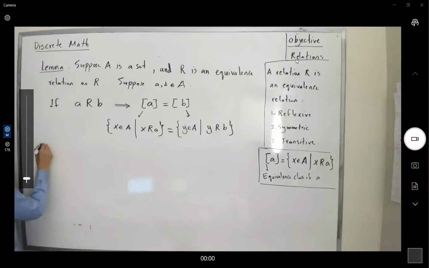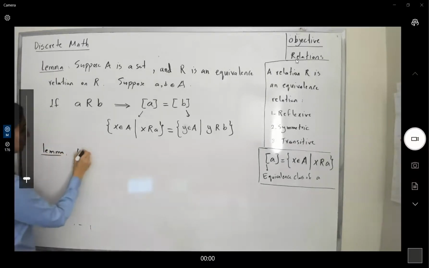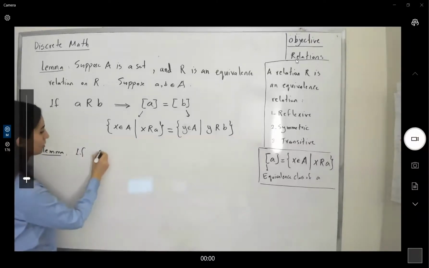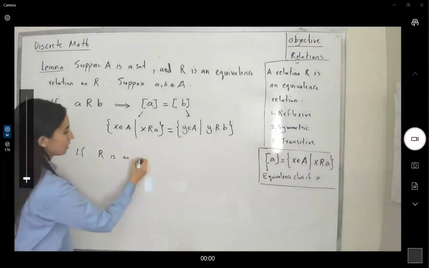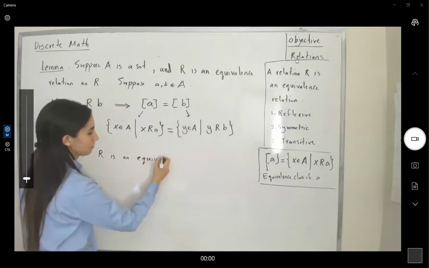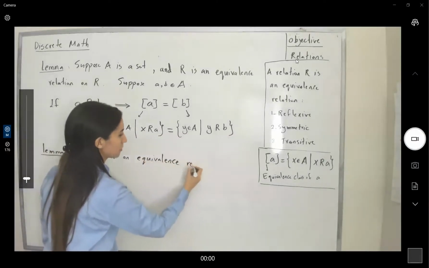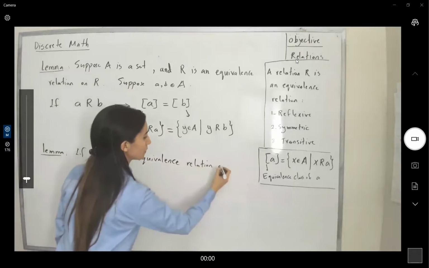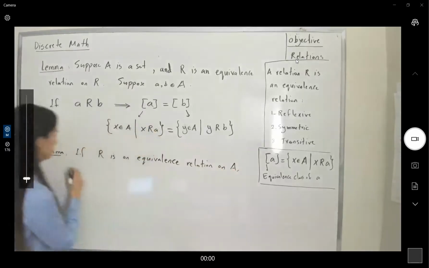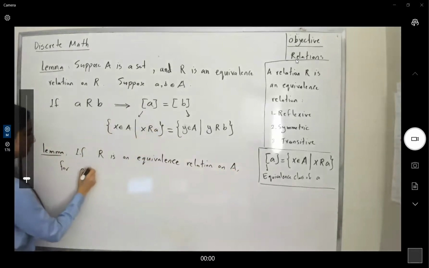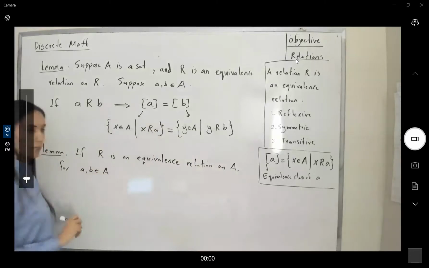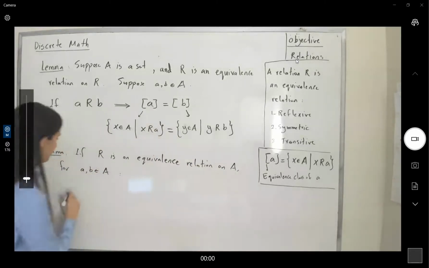So in general, if R is an equivalence relation on set A, for a and b in set A, you have the following.